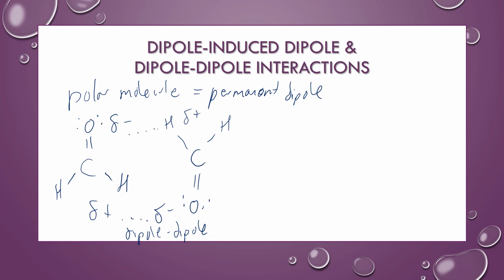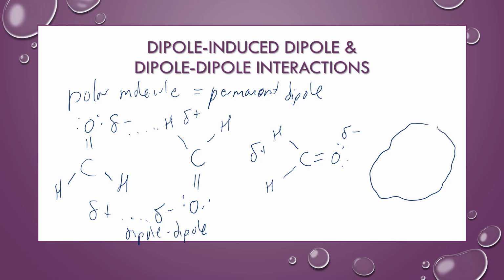Polar molecules can also cause other things to have an induced dipole moment. So if I have my slight negative and my slight positive, this negative here, if I have another molecule, I'm just going to draw it as a blob again, just so you can visualize. That negative is going to repel electrons in this other molecule. Maybe this one doesn't have a permanent dipole. Maybe it's a nonpolar molecule.